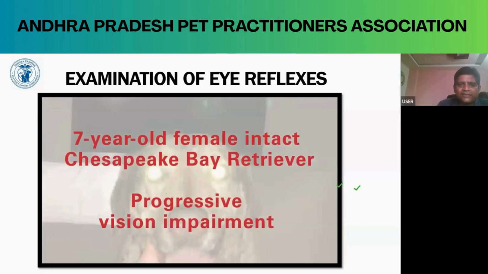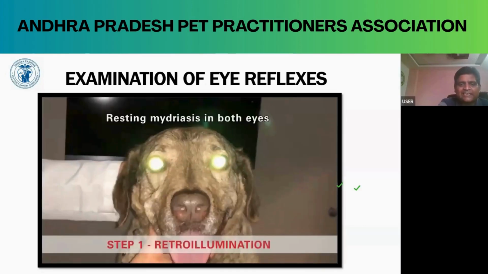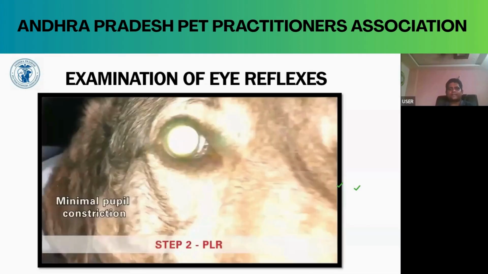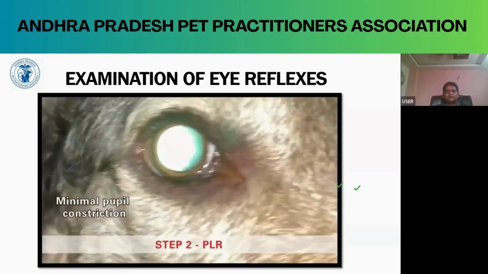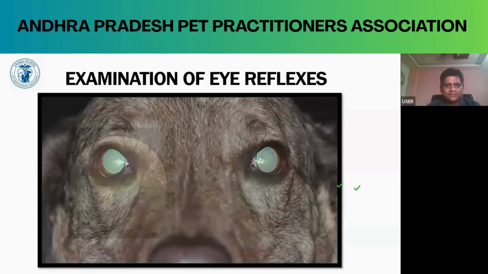And the other case, it's a 7-year-old, which has progressive vision impairment. On retroillumination, you can clearly observe the mydriasis for the brightness. It should not be present in both the eyes. So here you can see that there is no constriction in both the eyes.